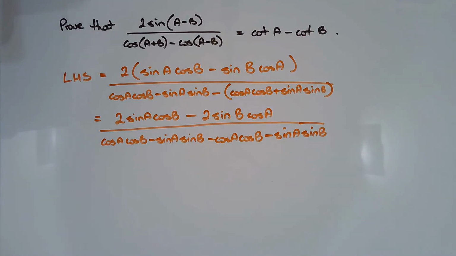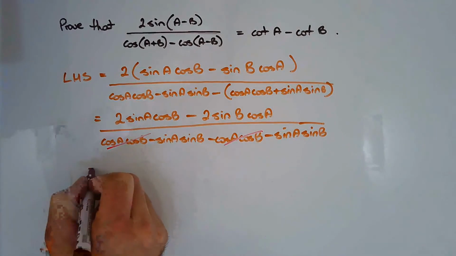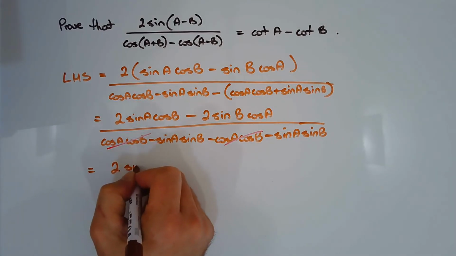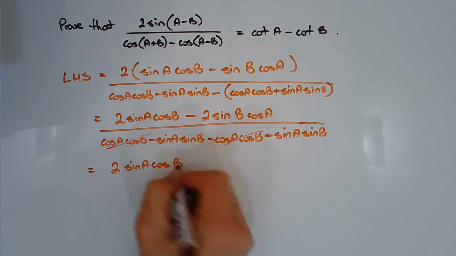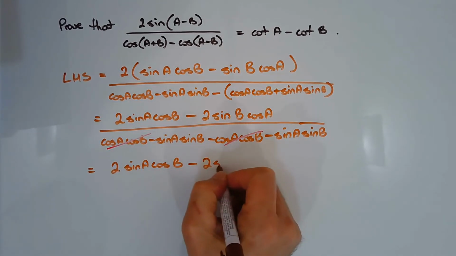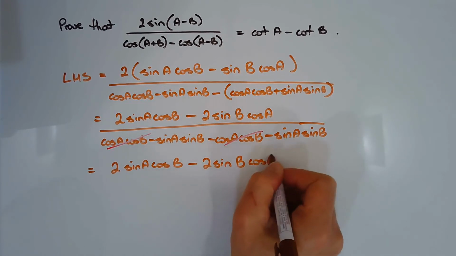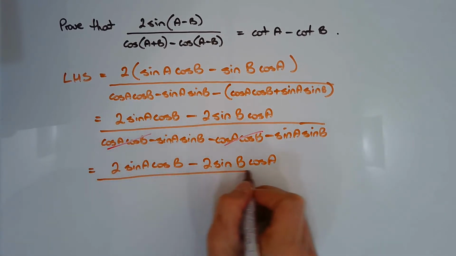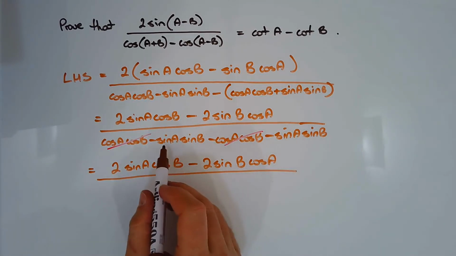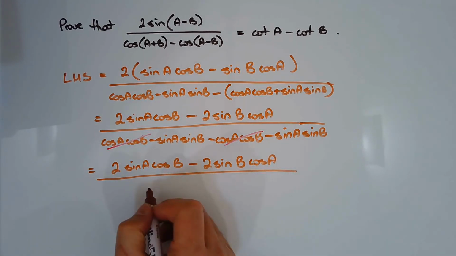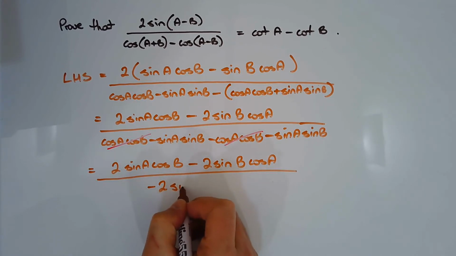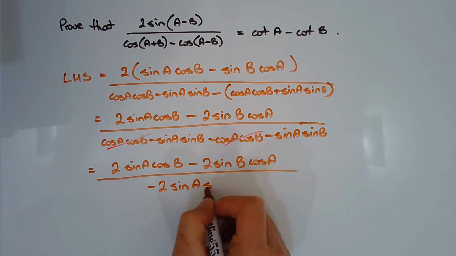Okay, now we'll have some cancellation here, which is really nice. So the cos a cos b cancels with cos a cos b there. So we'll end up with 2 sine a cos b minus 2 sine b cos a all over, now you're going to have 2 negative sine a sine b's, so that's negative 2 sine a sine b.